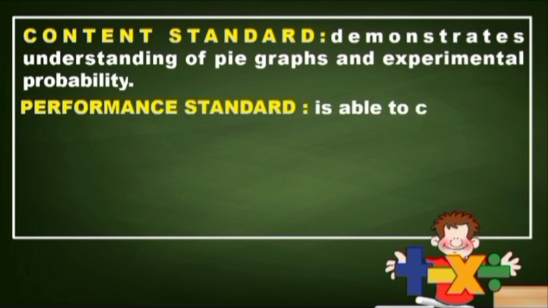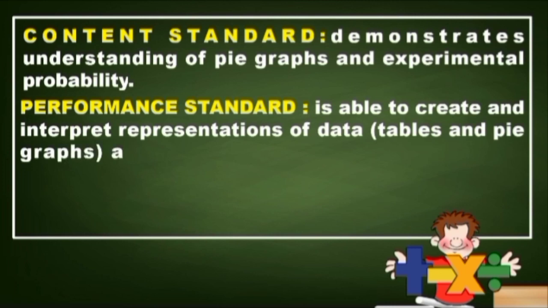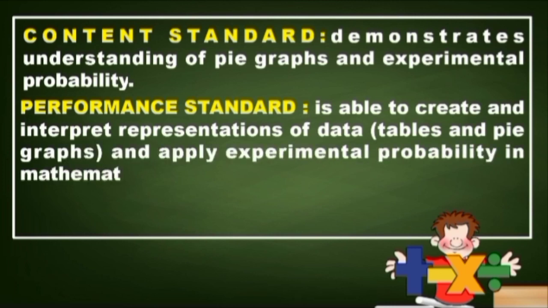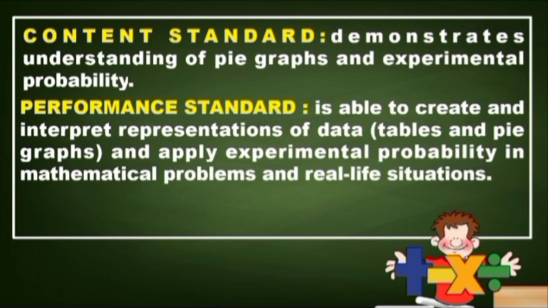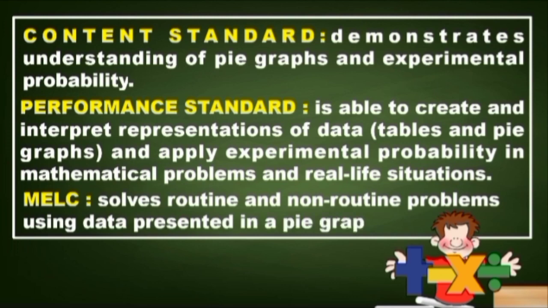Performance standard: is able to create and interpret representations of data, tables, and pie graphs and apply experimental probability in mathematical problems and real-life situations. And the learner solves routine and non-routine problems using data presented in a pie graph.